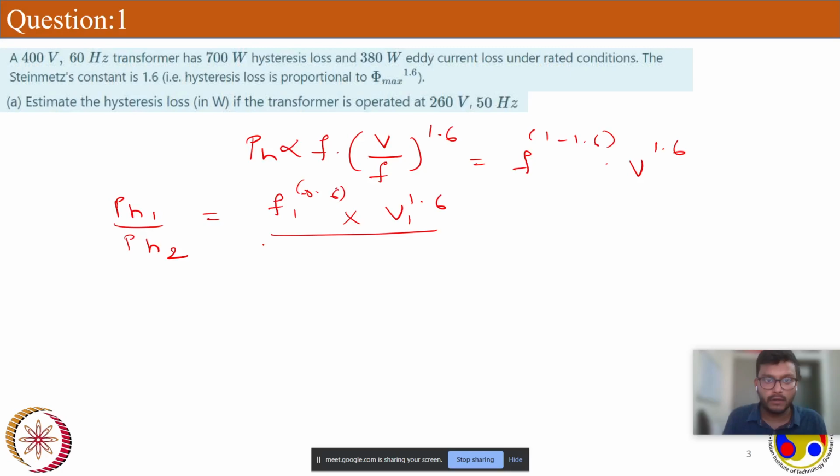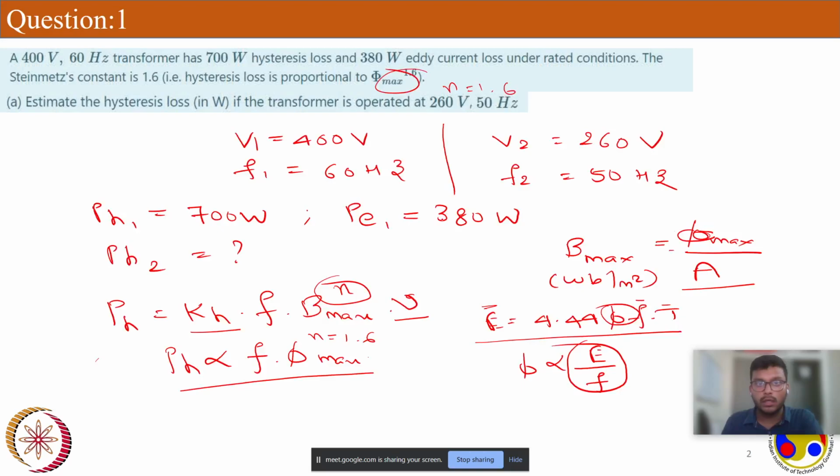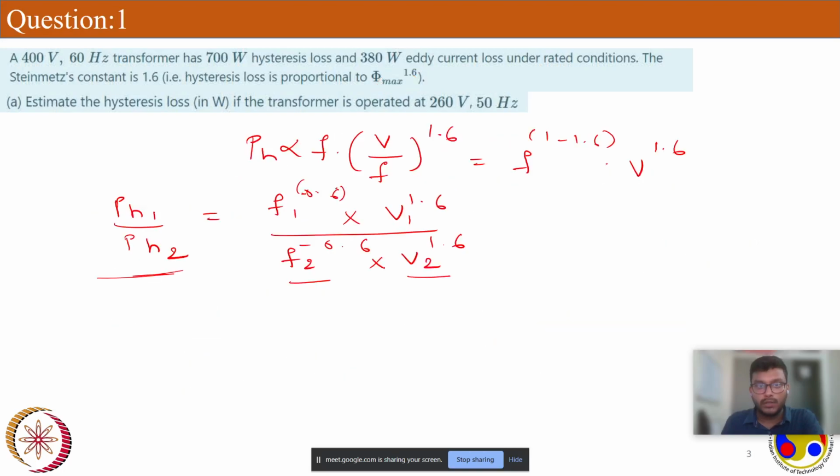Now we were asked to find this PH2, what will be the second hysteresis loss if the transformer is operated at V2 and F2. We know the values of V1, F1 and V2, F2. Just substitute here and we will get the value of PH2. Can someone calculate along with me and just give me the answer in the chat box?